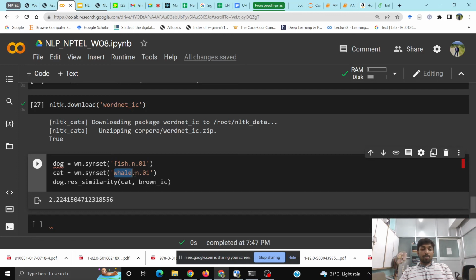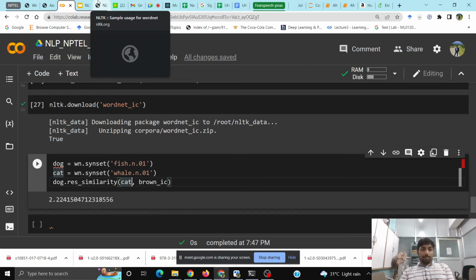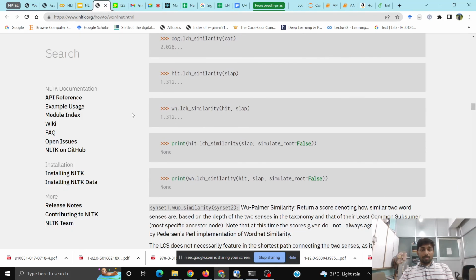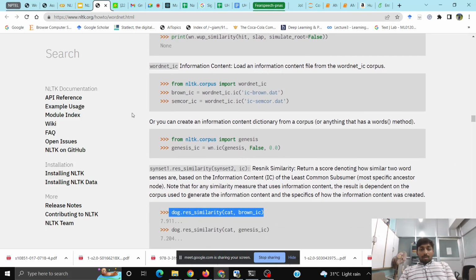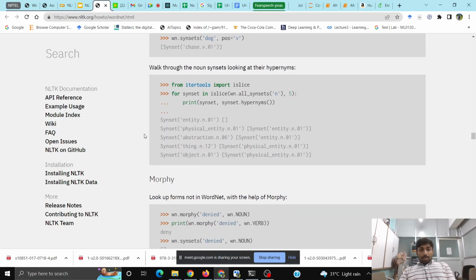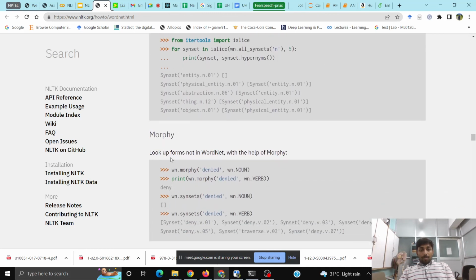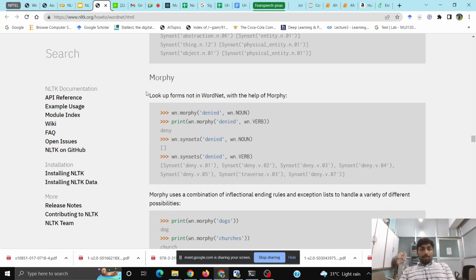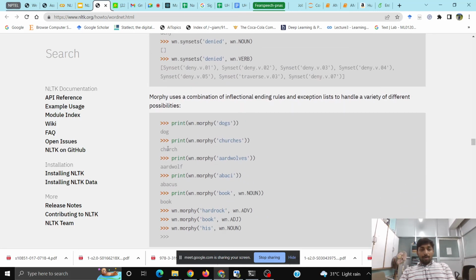These are not similarities based on how same they are. There can be different relations. This is the way you have to do it if any questions come in this. I don't think they will ask you to code, but you can refer to this library to know more about how to use it.